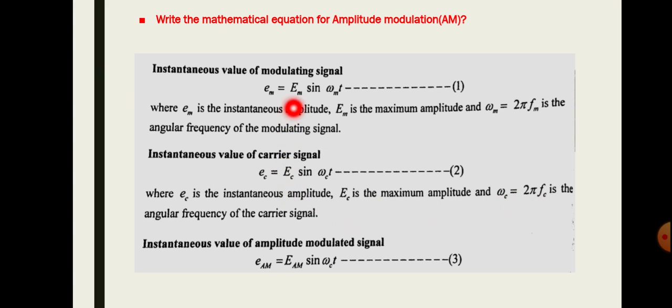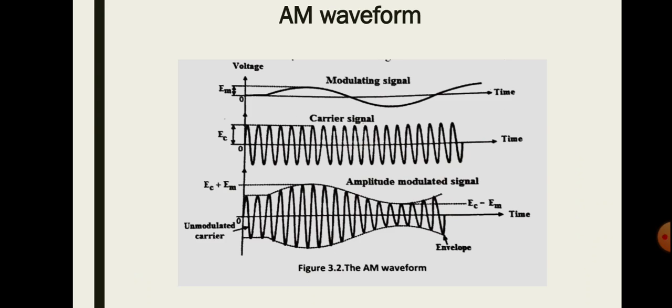So once we have the two equations, we have to derive the equation for the amplitude modulated wave. We know that amplitude modulated wave is obtained by modulating this carrier signal by this modulating signal.